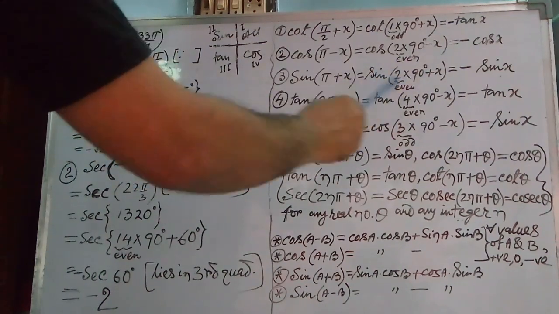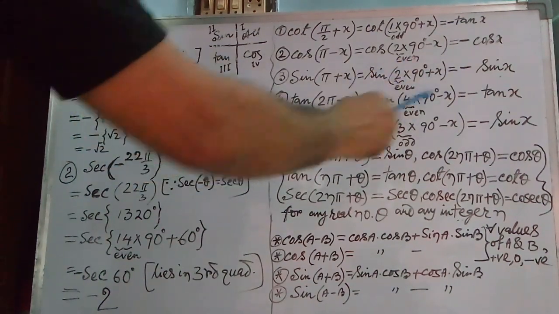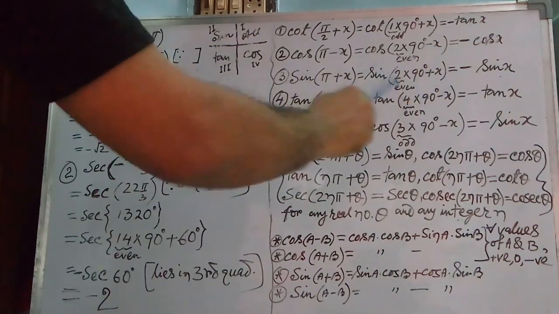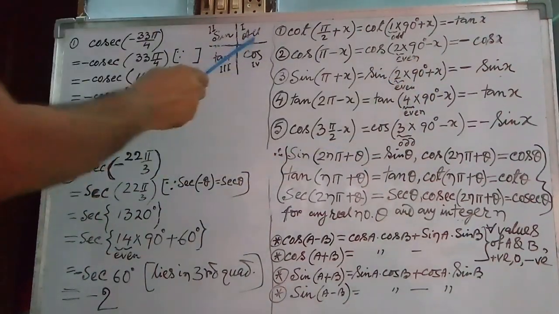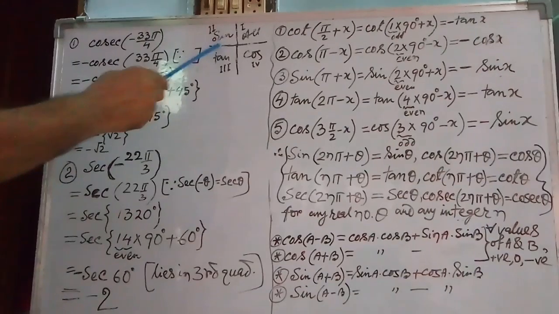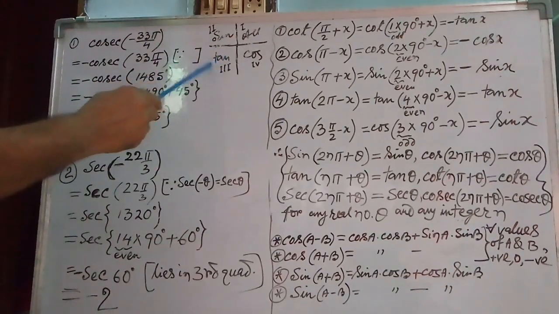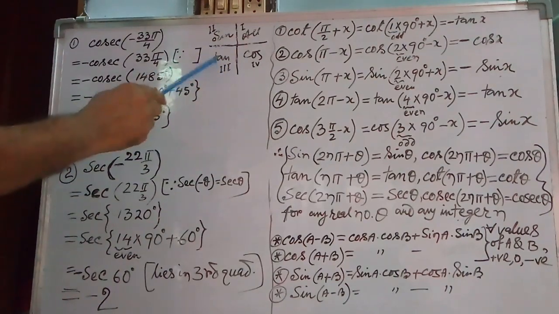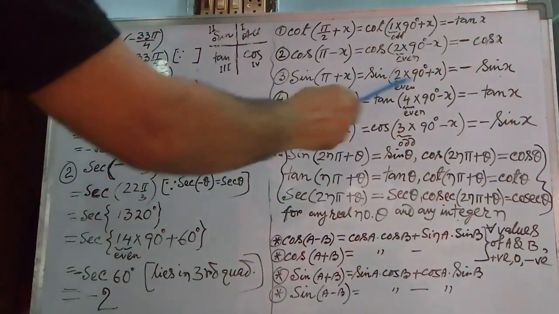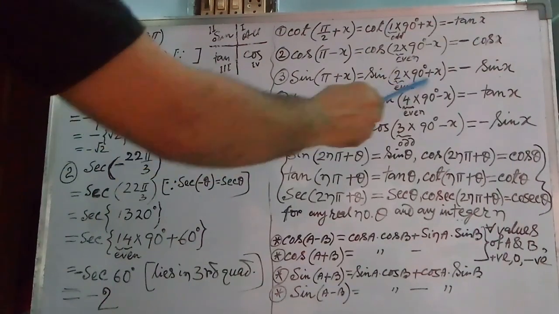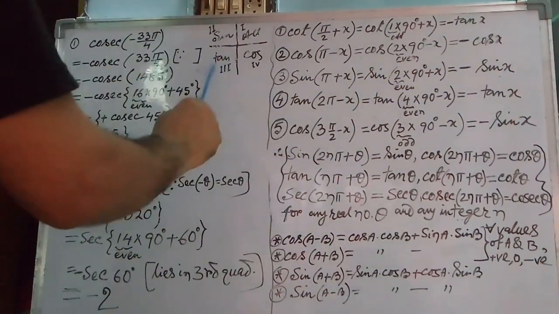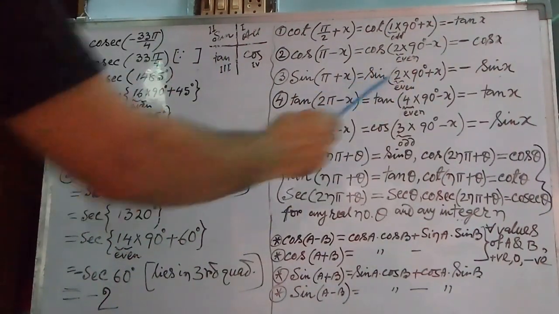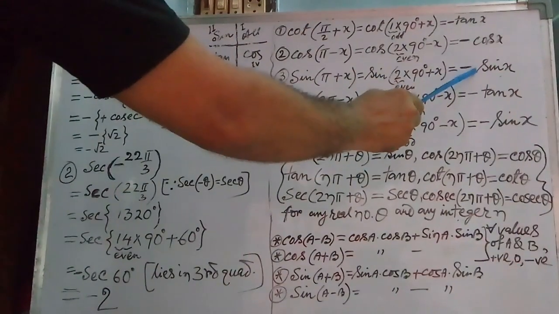Sin of 2 into 90 plus x: in what quadrant does this value lie? 190, 290 plus x means it will lie in the third quadrant. In the third quadrant, tan and cot are positive. Other trigonometric functions are negative. So sin of 2 into 90 plus x lies in the third quadrant, so this will be minus.